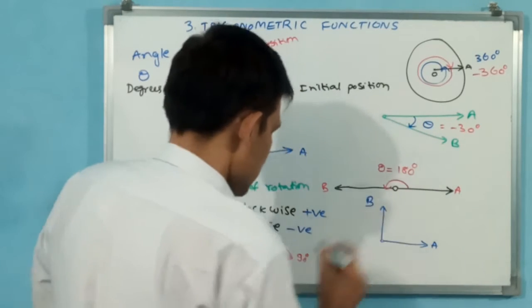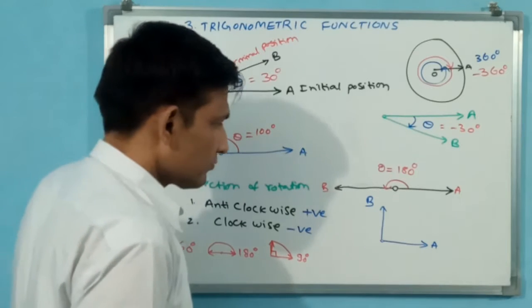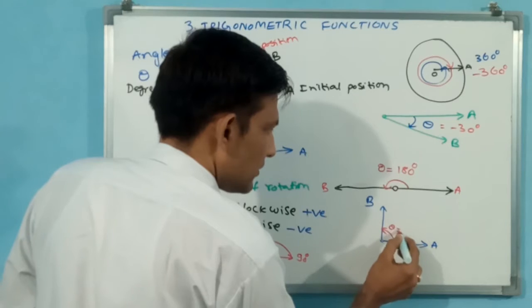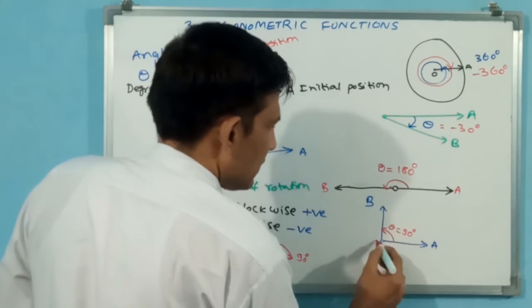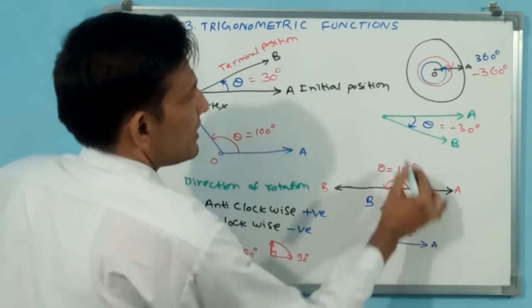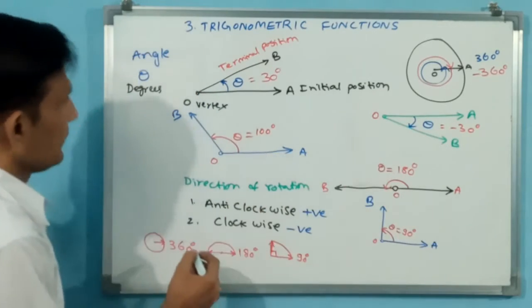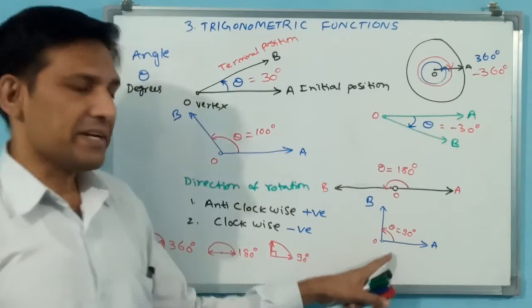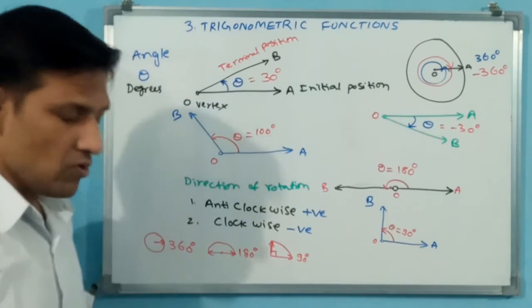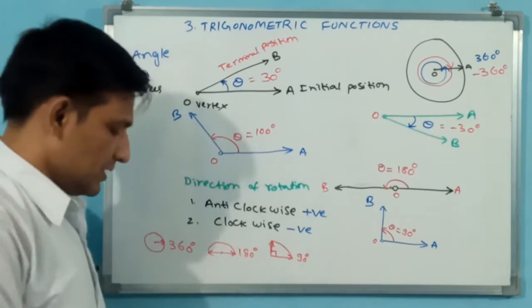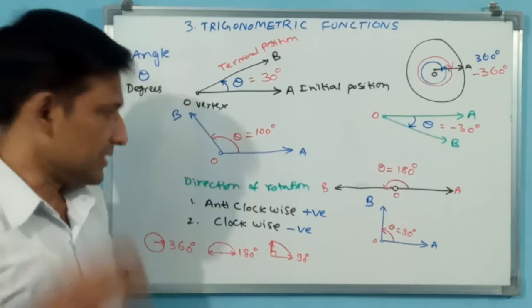A, B. See, this is 90 degree. Here also O will be there. O is the vertex. Now this is 90 degree. Why? Because you have to analyze how degrees will be there. Now this is 90 degree. This is minus 30 degree.